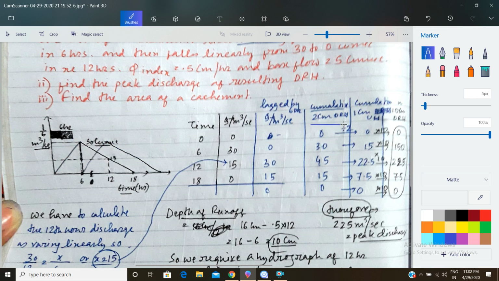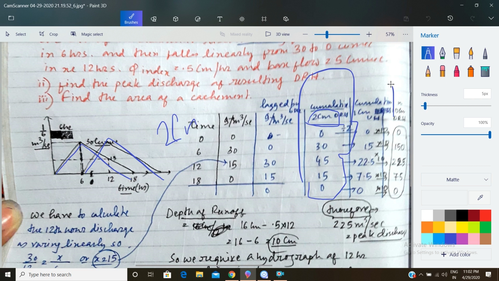Now, it is a DRH, so it must not be for 1 centimeter precipitation. See, the first hydrograph is a unit hydrograph, so it has 1 centimeter precipitation. The next hydrograph is also 1 centimeter precipitation. If you cumulate these two, then we will have 2 centimeter precipitation. So we get a DRH of 2 centimeter precipitation.